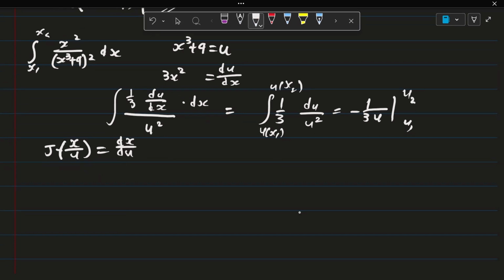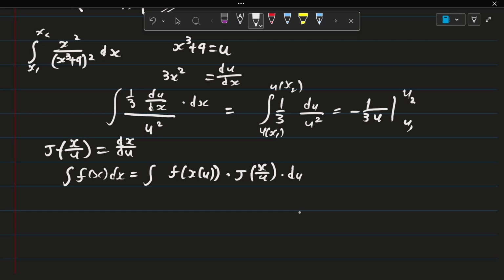So we could substitute the integral of function x dx, and turn this into the integral of function x in terms of u, multiplied by the Jacobian of x over u, multiplied by du. So it's as if we are doing the same thing, but we multiply this by dx over du.